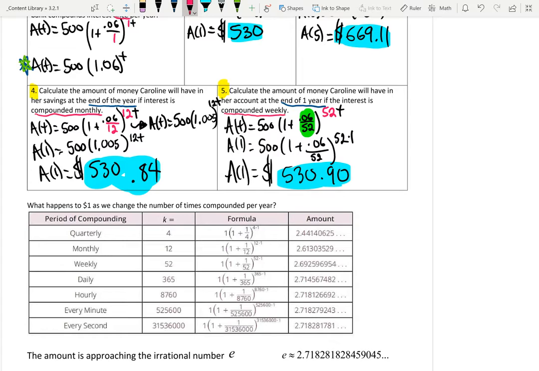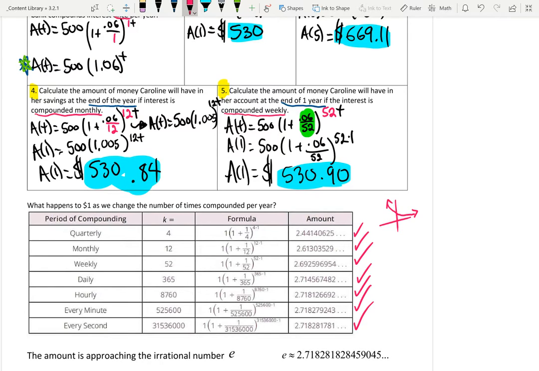So draw your attention to this table. If we do it quarterly, monthly, weekly, the amount that it's being multiplied by doesn't really change. And it approaches a number, just like the exponential function approached 0 but didn't quite hit it.